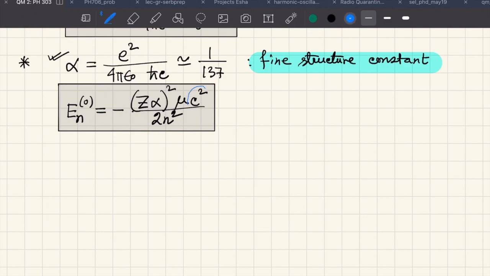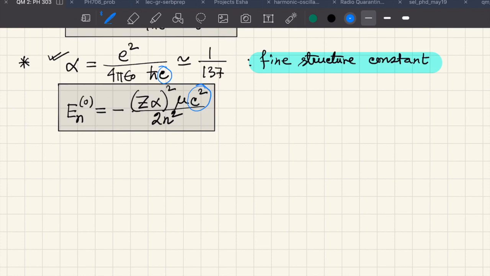You notice this appearance of the c in this expression of En0, which is basically nothing but the speed of light. And this was required in the expression of En0 in order to cancel the appearance of c in the definition of alpha, the fine structure constant.